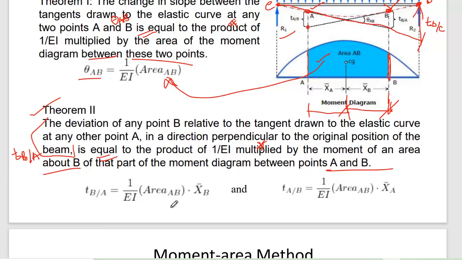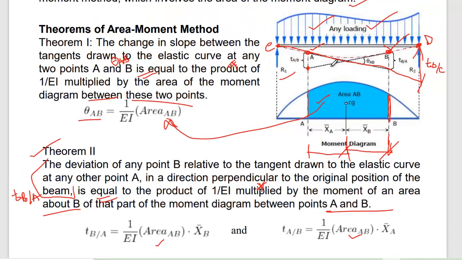Have a look, in both cases the area remains the same. Why? Because in both cases you consider between A to B, right? Okay, so in both cases the area remains the same, the only change is X bar A, because we are calculating the vertical or perpendicular distance from point A of the elastic curve.